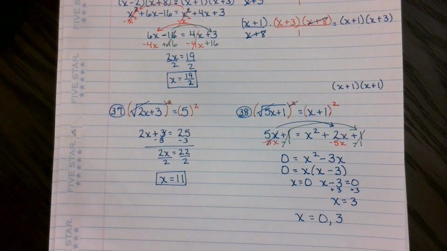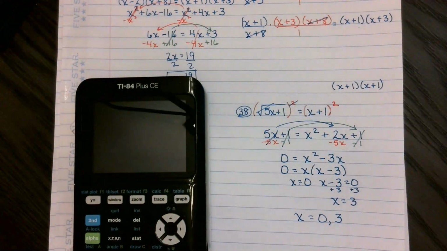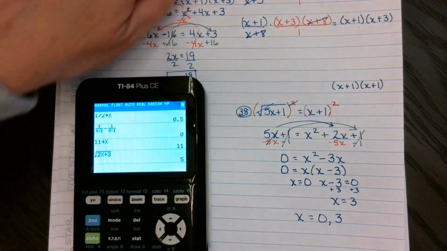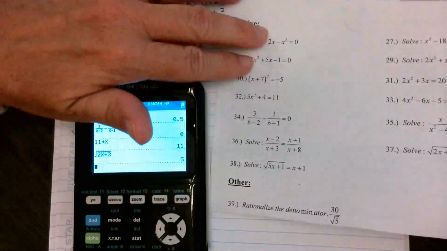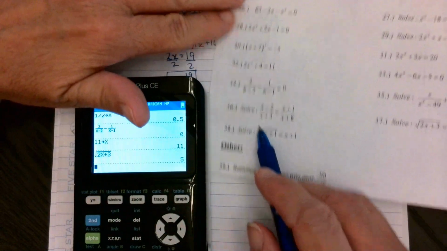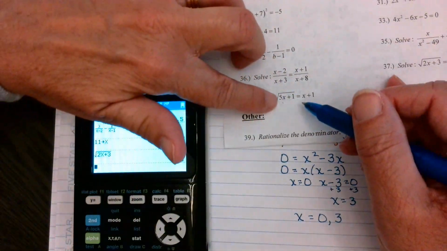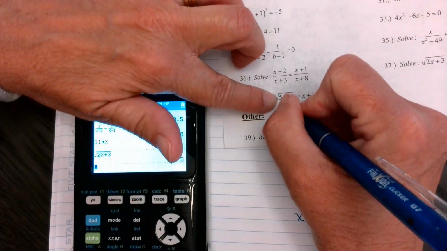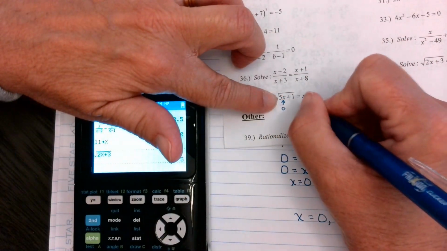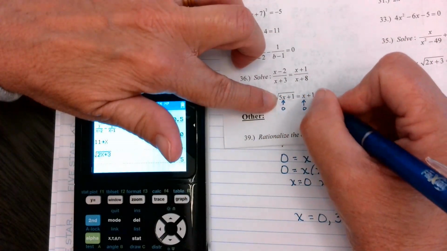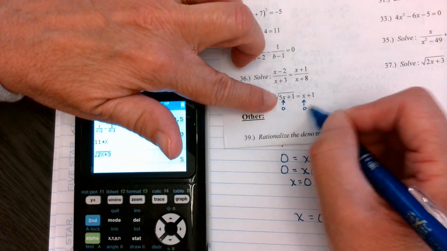Now the thing is we need to check to make sure it works, both of them. This was your problem right here. So wherever we see x, we're going to first plug in a 0 here and a 0 here. This side gives me 1, right?